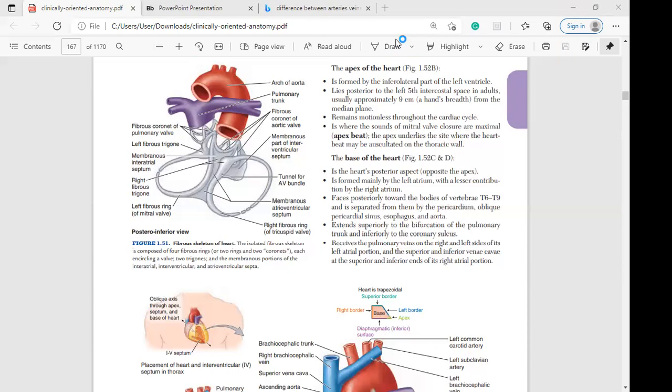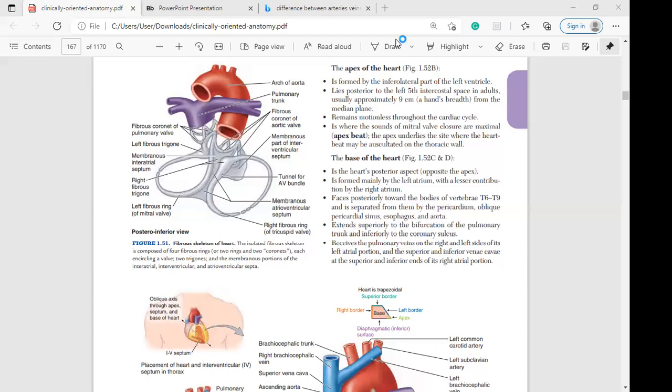So the apex of the heart is located posterior to the left fifth intercostal space in an adult, and it is 9 centimeters from the sternum or from the median line. And that is where you hear the sound of the closure of the mitral valve, or the bicuspid valve.